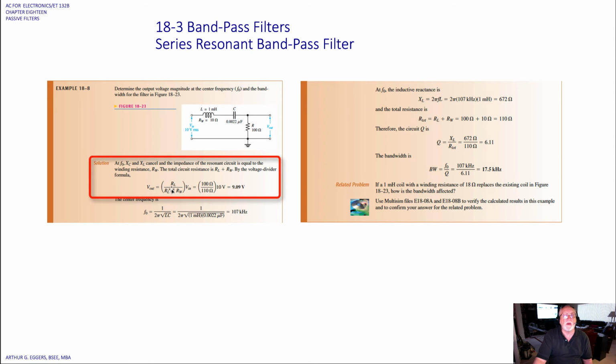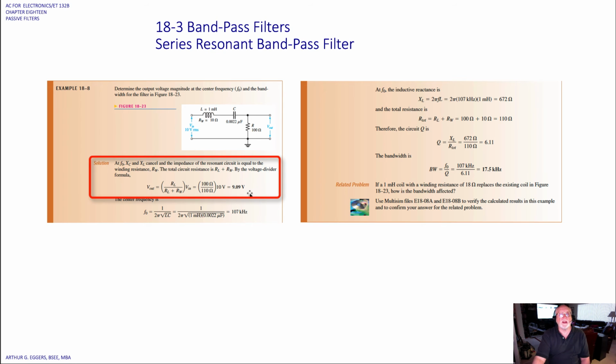So that relationship can be handled by using, again, that voltage divider relationship that we learned last semester in 131: R load over the sum of R load and RW, the winding resistance, times the input voltage. So 100 ohms divided by 110 gives us 9.09 volts.